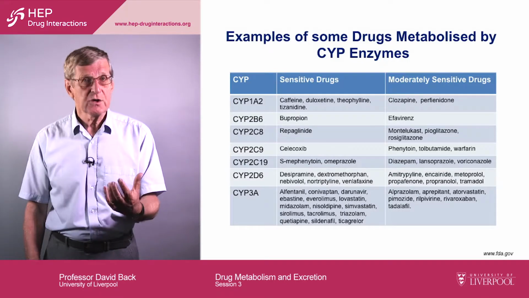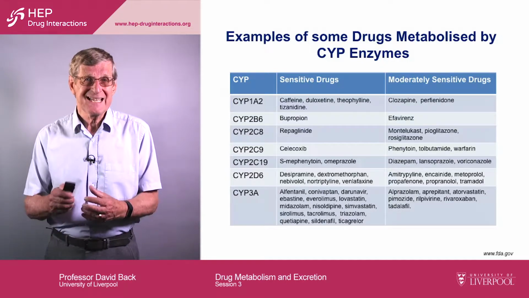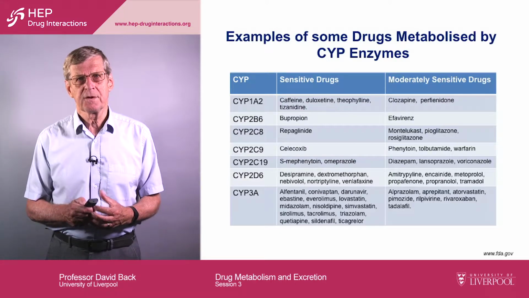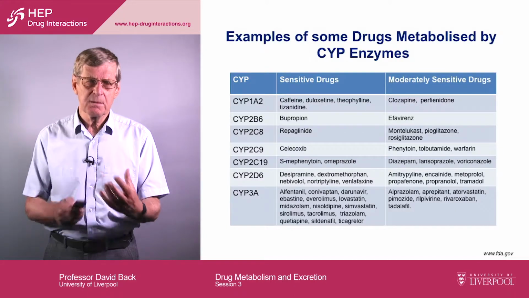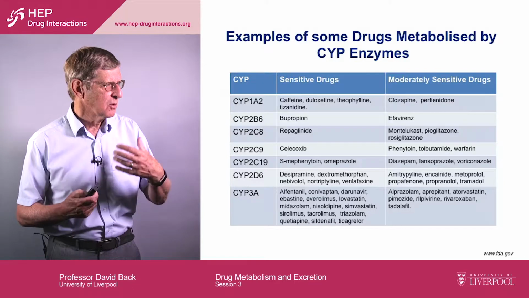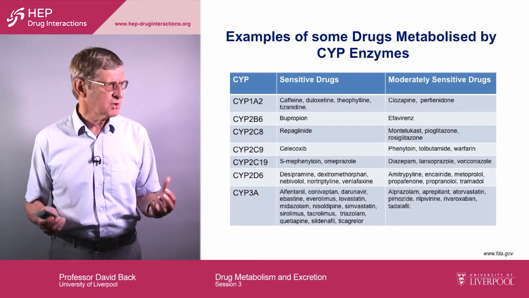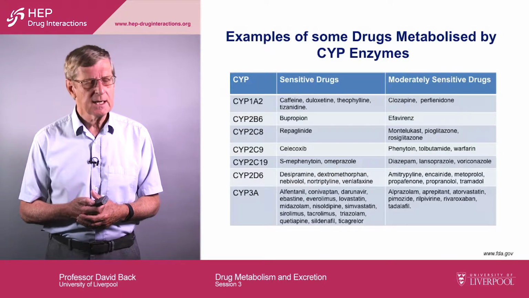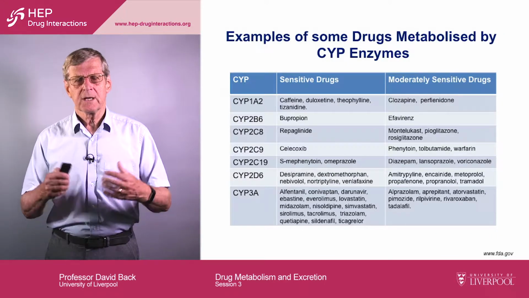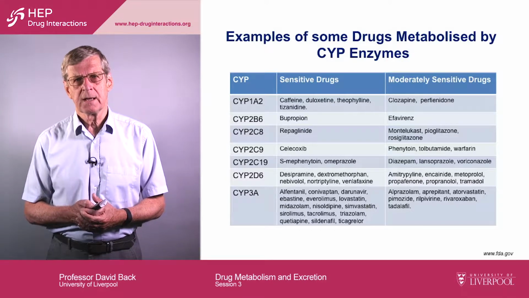There are also moderately sensitive drugs, so drugs less sensitive to the cytochrome P450, also metabolized, but maybe not to the same extent or the same rate. So just have a look at this slide. This is just a snapshot from the FDA guidelines for looking at substrates of different enzymes.